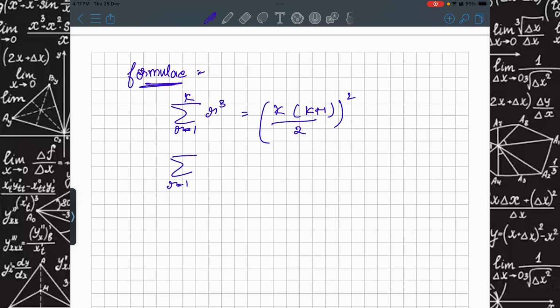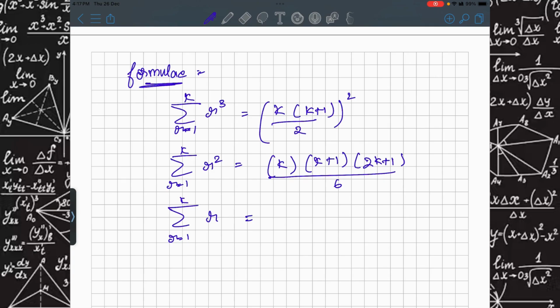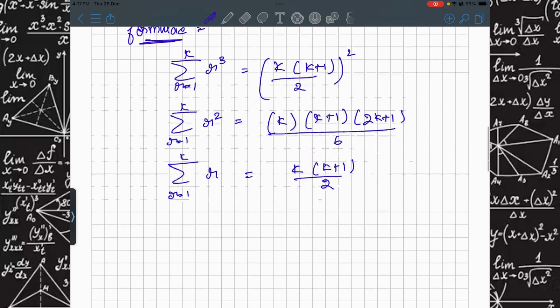Similarly, r equals to 1 to k, r square means it is k times of k plus 1 into 2k plus 1 divided by 6, and then r equals to 1 to k for r, okay, is nothing but k times of k plus 1 divided by 2. Okay, these are all the three formulas which we are going to use.